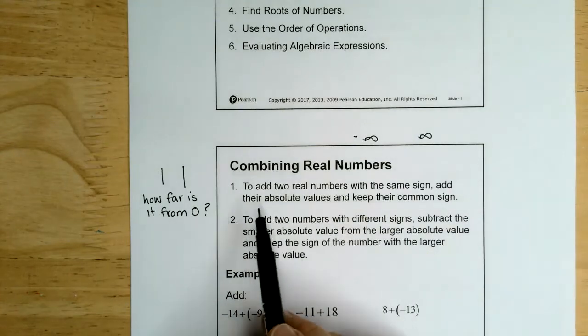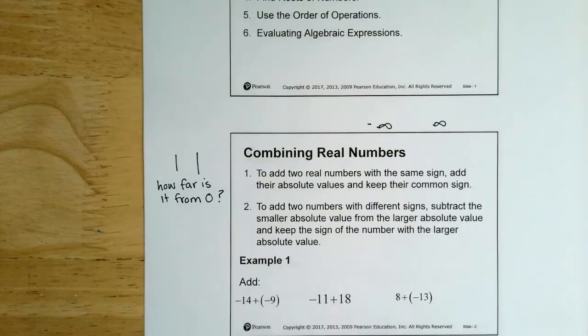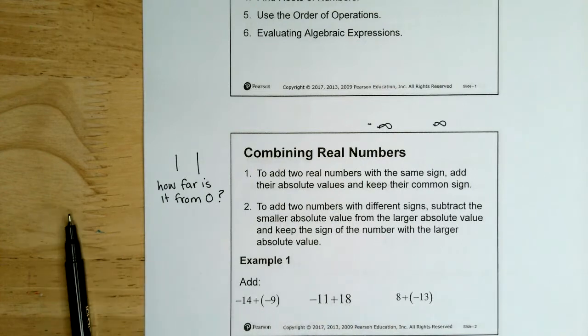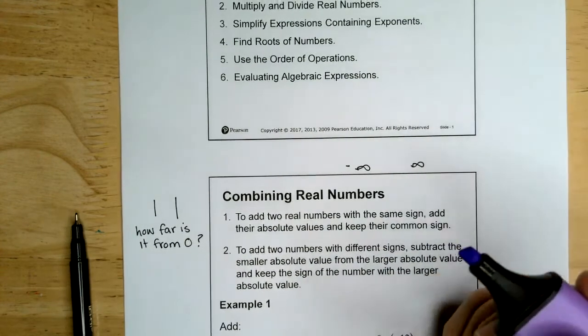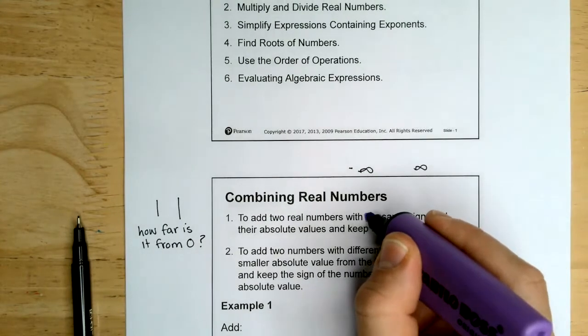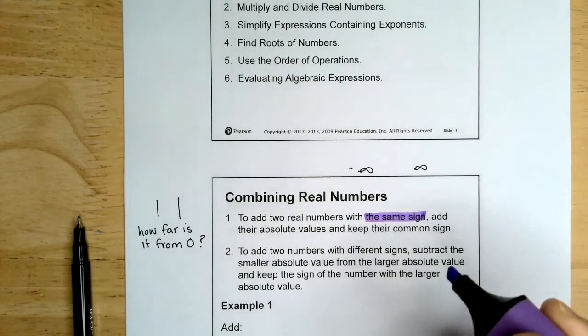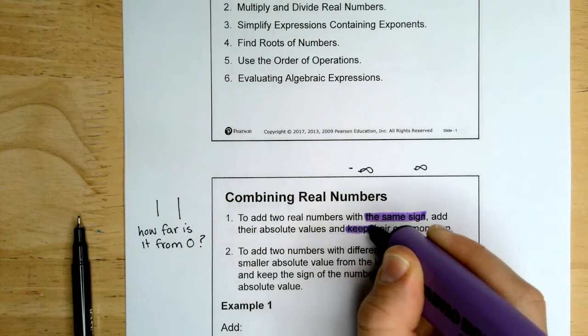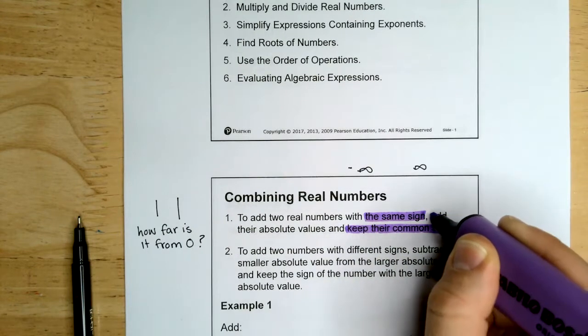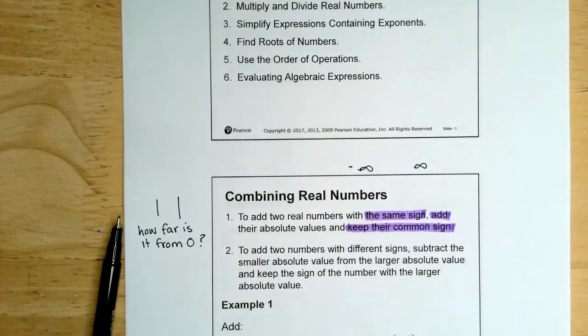So this is just addition and subtraction, right? However, just to practice today, we want to look at it as combining. If they have the same sign, we add the absolute values and keep the common sign, okay?